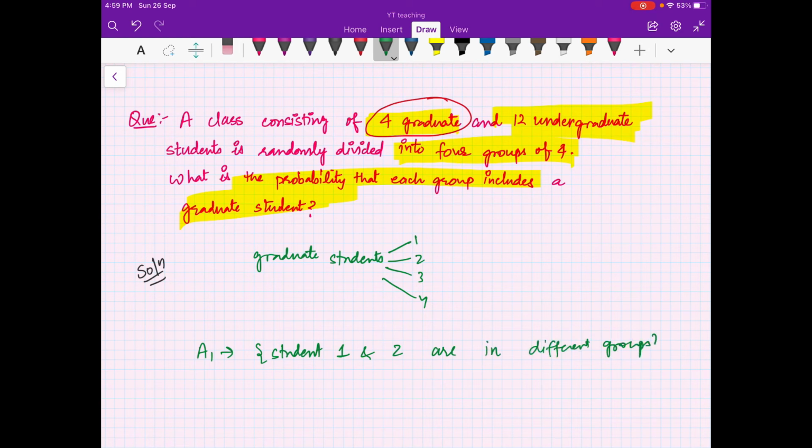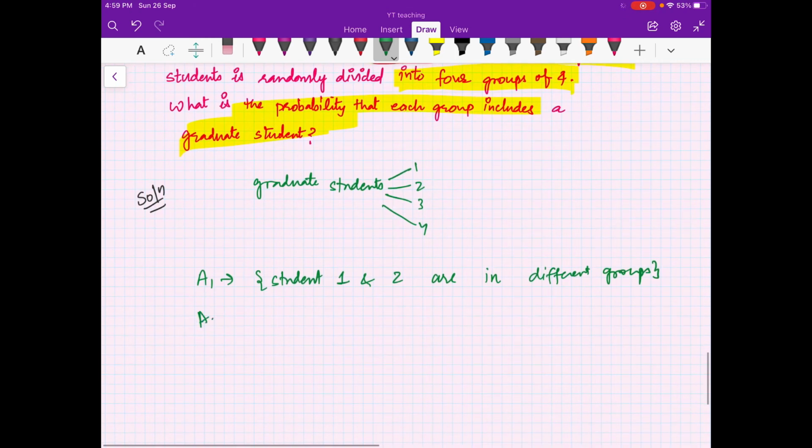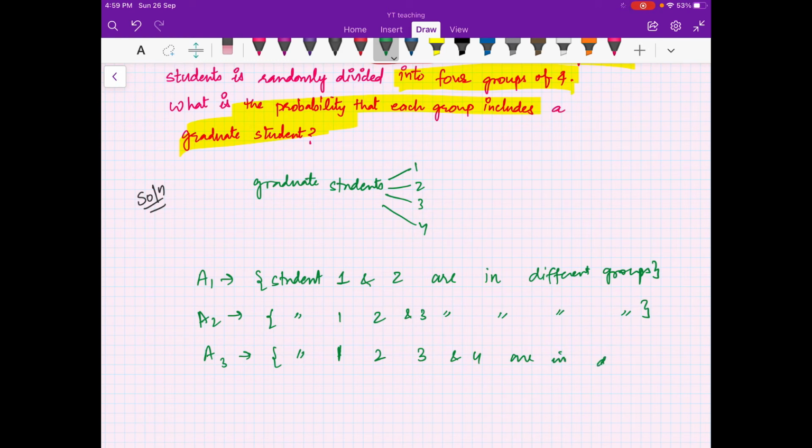Then you have A2, that is students 1, 2 and 3 are in different groups. And then you have A3, that is students 1, 2, 3 and 4 are in different groups.